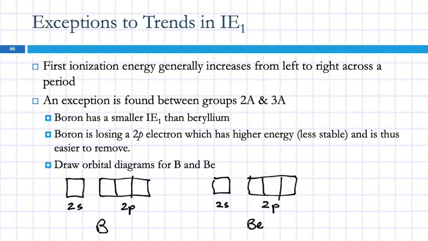How many valence electrons? 3. So 2 of those electrons are core electrons, and 3 of them are valence electrons. So we put those in. 1, 2, 3. Beryllium has 2 valence electrons. 1, 2.